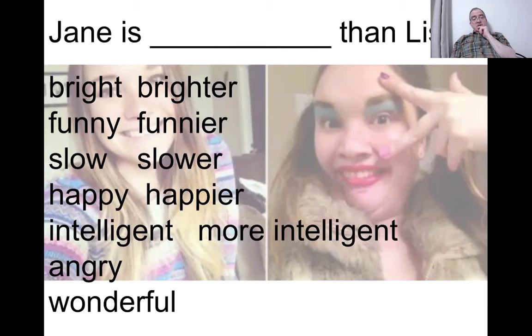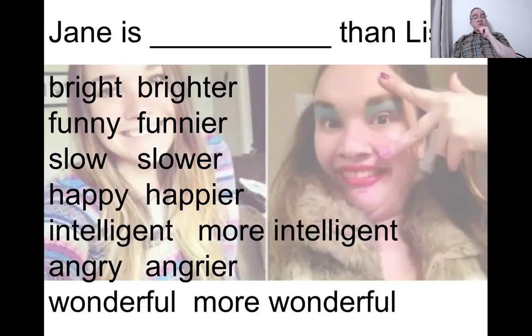Angry. Jane is angrier than Lisa. It's 2 syllables, but it has a Y. So it's angrier. Wonderful. Jane is more wonderful than Lisa. Wonderful. 3 syllables. No Y.